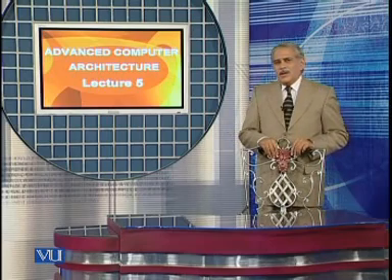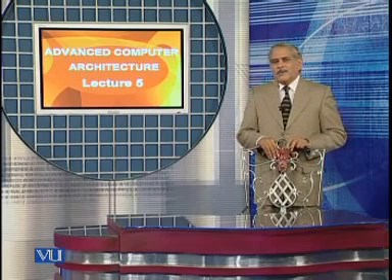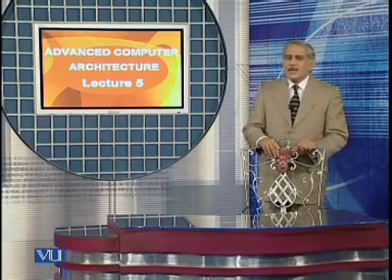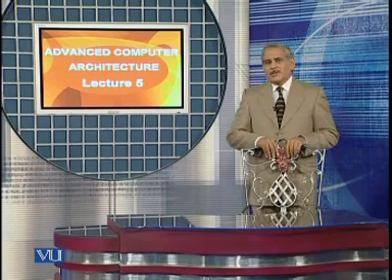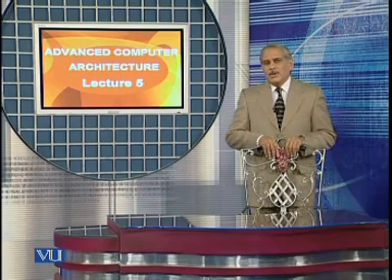architecture. Then we highlighted the types of data and the operands and how they can be specified, what their sizes are, and what their types are which are acceptable in computer system design and computer architecture.